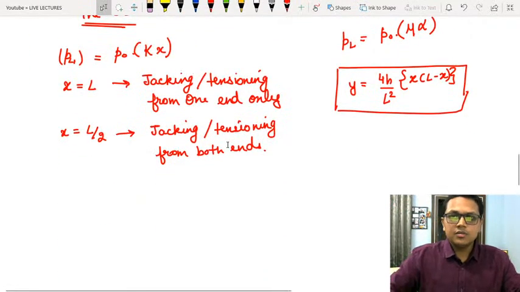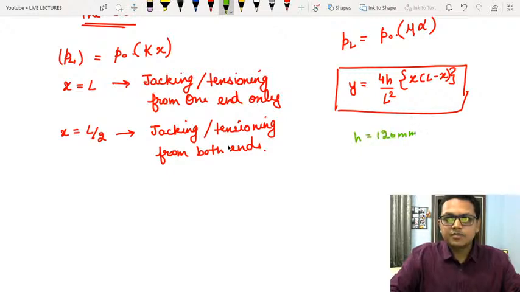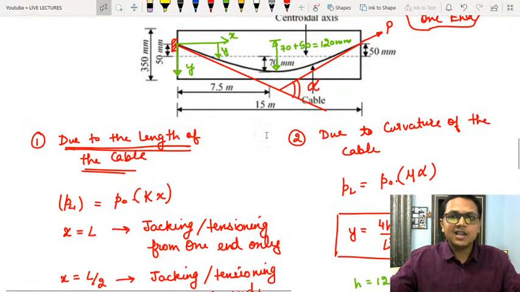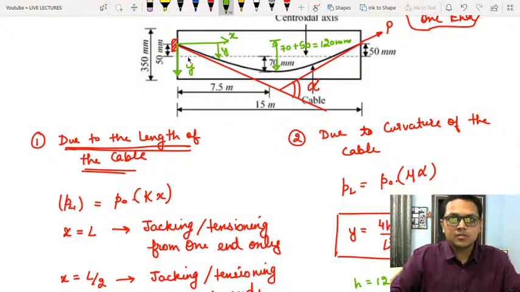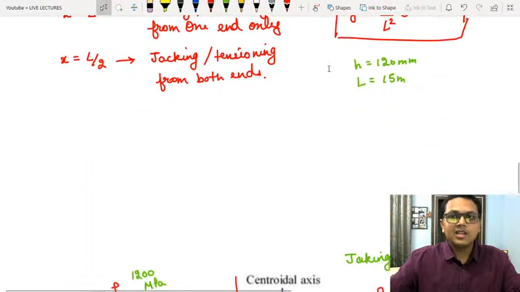So h is equal to 120 mm and L is the length, that is 15 meters. Now we need to find this angle. Now at x is equal to 0, dy by dx or tan theta can be calculated.